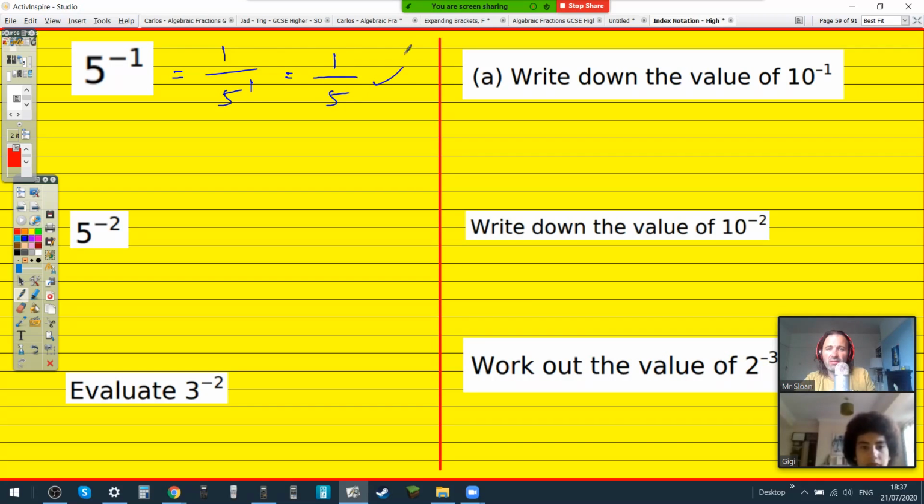Okay, how about this? 1 over 5 to the power of 2. 1 over 25. Does evaluate mean the same thing? Yeah, it means your answer will be a number. It won't have like x or anything like that in it.